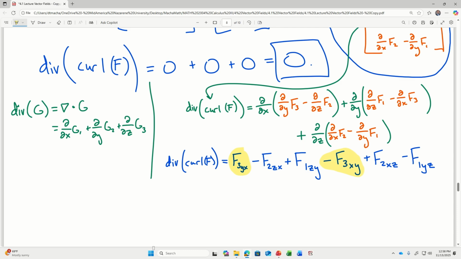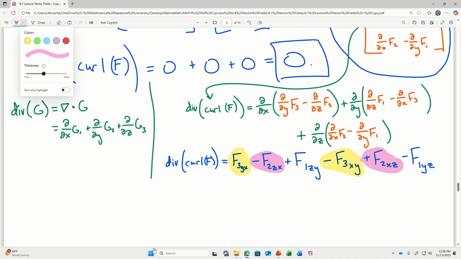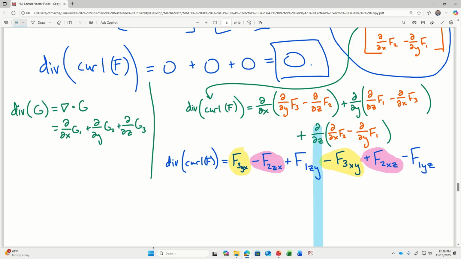If my second partial derivatives are all continuous, that means it doesn't matter what order I take derivatives in. In fact, it wouldn't matter if I took the partial with respect to z and then x, or the partial with respect to x and then z. As long as all of my second partial derivatives are continuous, then the order in which I take partial derivatives does not matter.